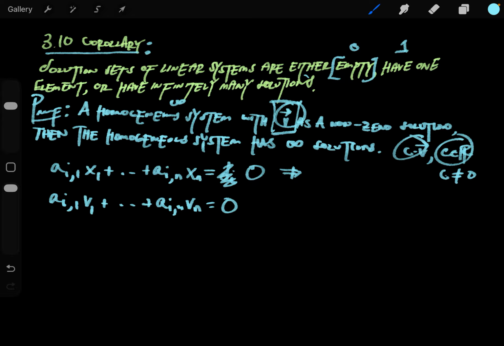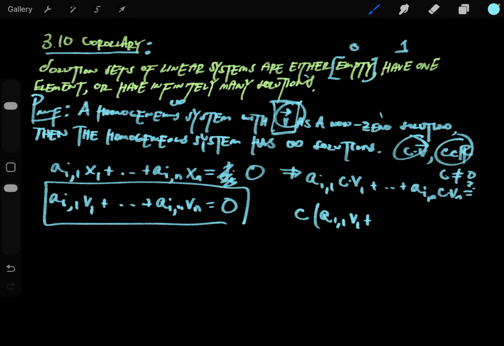But here, then you're going to get a_i1 C times V1 plus ... plus a_in C times Vn equals what? And then you want this to also be 0. Well, C can factor out, and then you should see that on the inside you get the original expression, and this, we know from here, is 0.